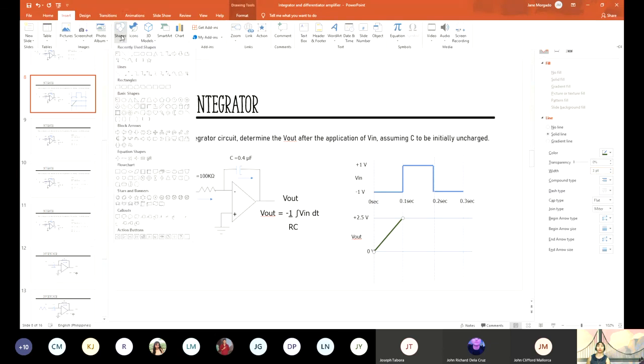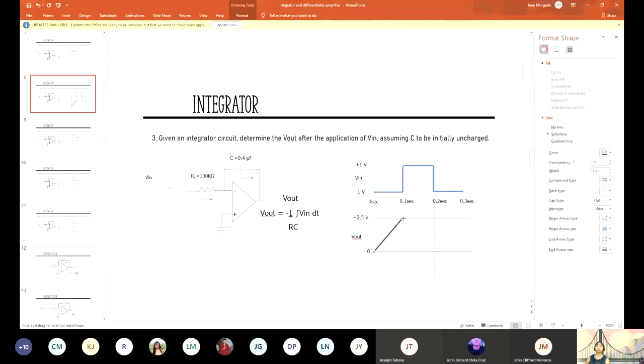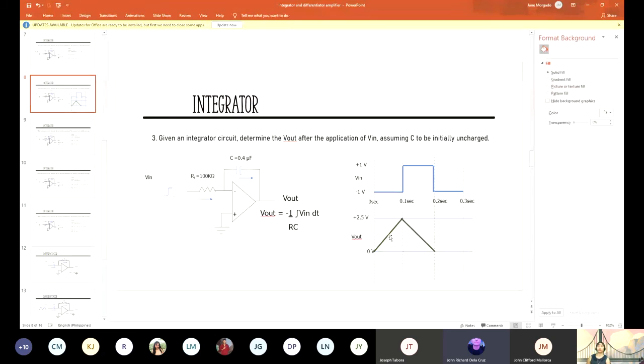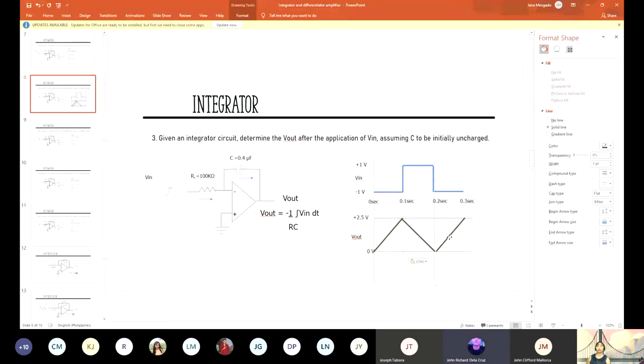Then from 0.1 to 0.2, the output is back to 0. And then from 0.2 to 0.3, we have back to from 0 to 2.5.